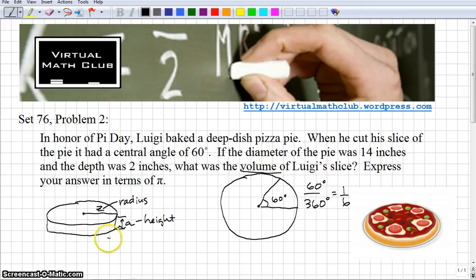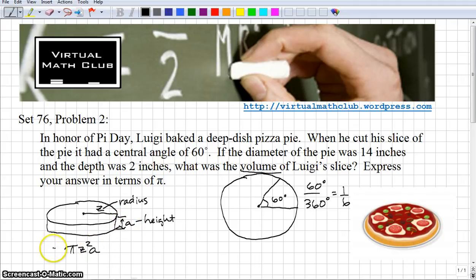So what's the volume of the pizza? We want to find the area of the base, which is the circle, times the height. Now the area of the base is just a circle, right? So pi times the radius squared, which in this case is pi times z squared, because I called the radius z. Normally we would call it r, but I'm going to call it z. And the height of the pizza I called a.